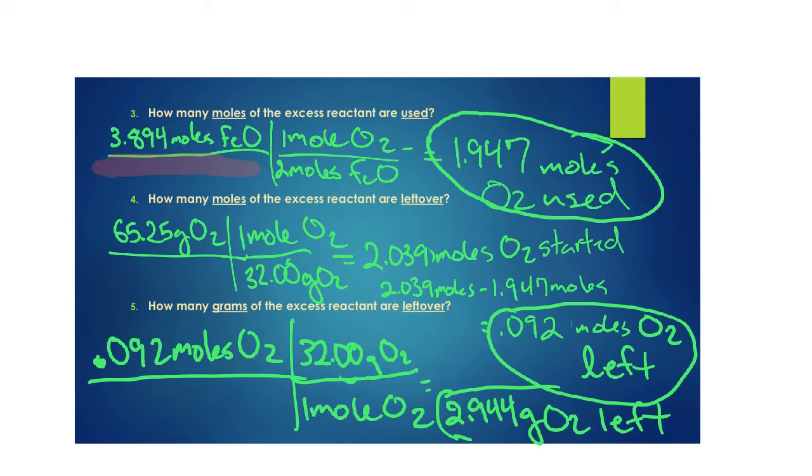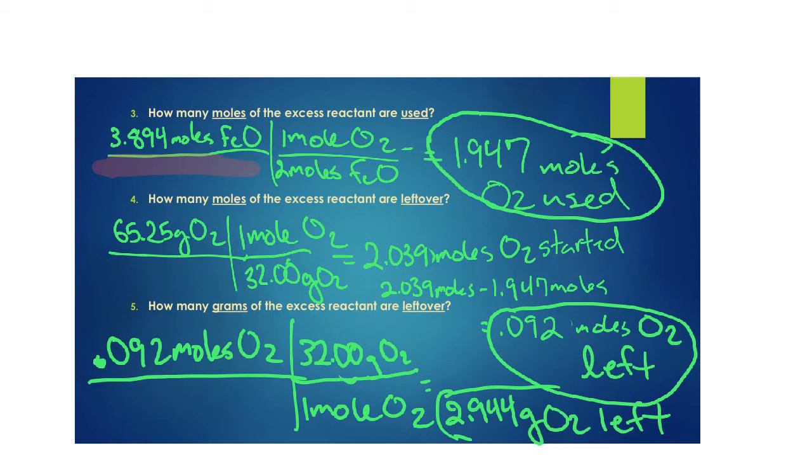That's going to tell us how many moles of oxygen we used. And then from there, it was as simple as converting that into grams. Taking what we had started with, which was in grams, converting that into moles, and then subtracting these two values to figure out how many moles we had left.